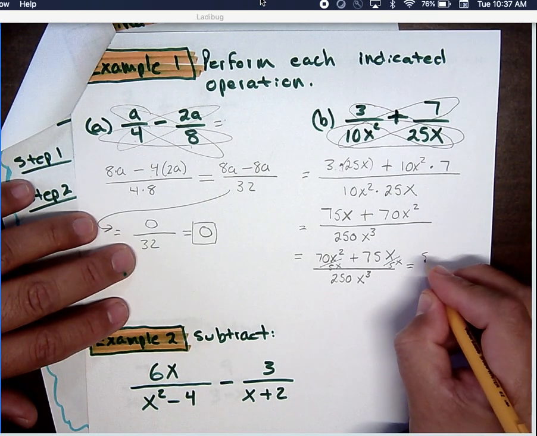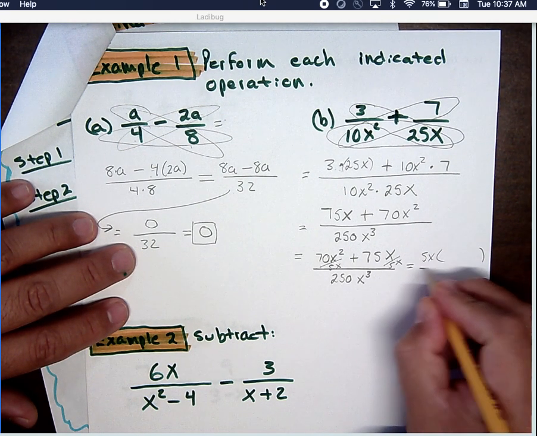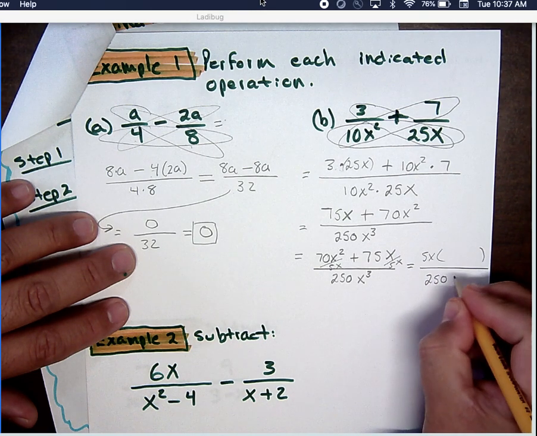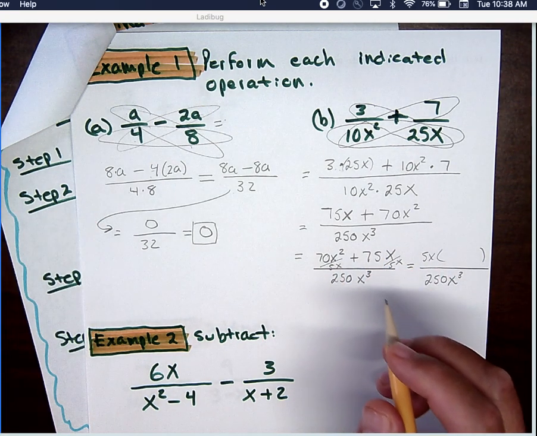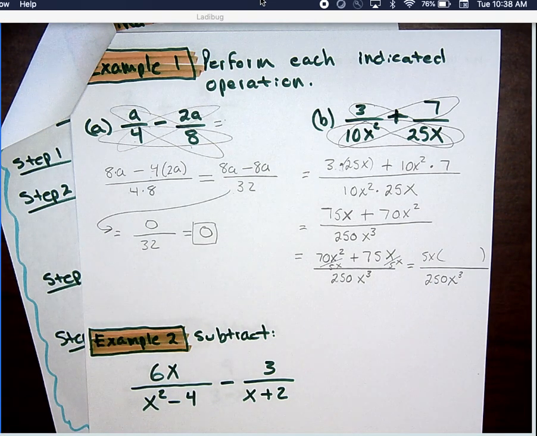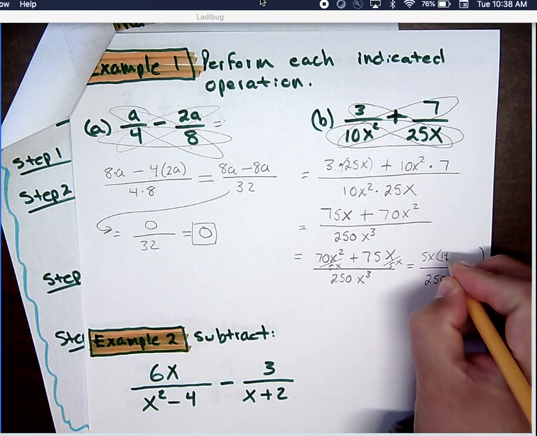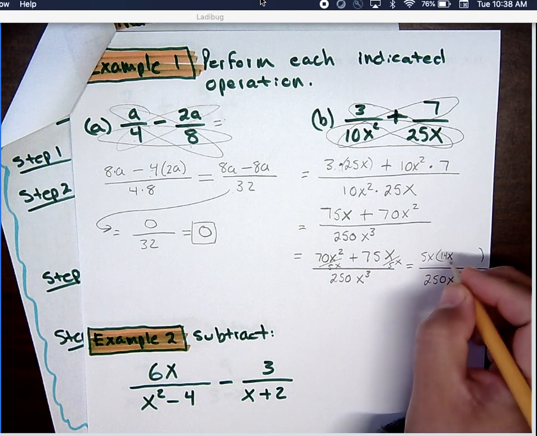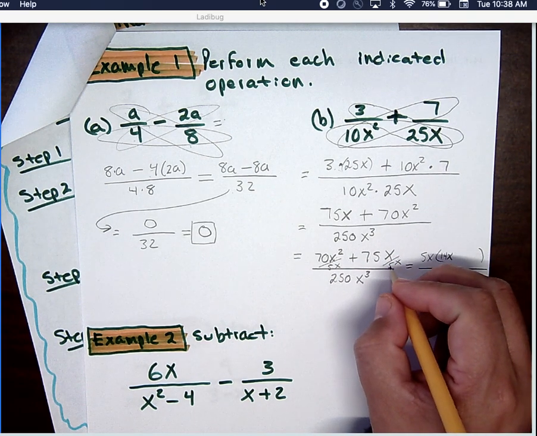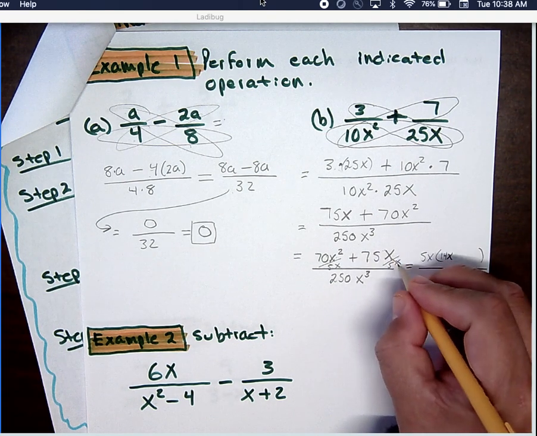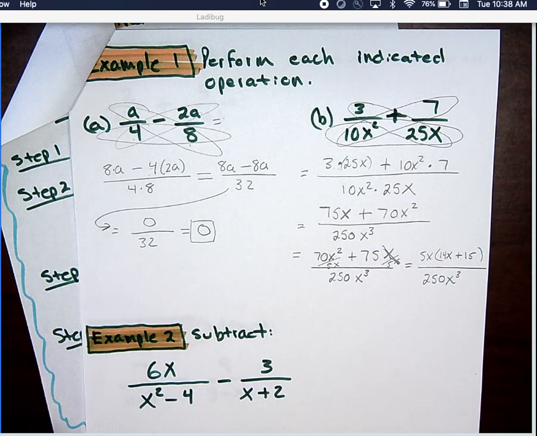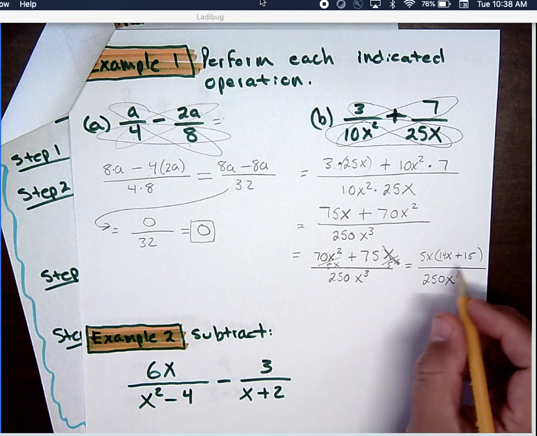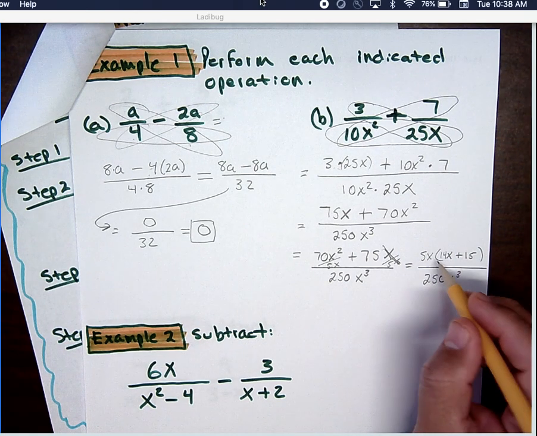So 5x GCF, which we've been doing, 250x cubed. So 70 divided by 5 would be 14, and then x squared over x would just be 14x, and then 75 divided by 5 would be 15, and then the x's cancel. So plus 15. So now we have it here. Now we can simplify this part.